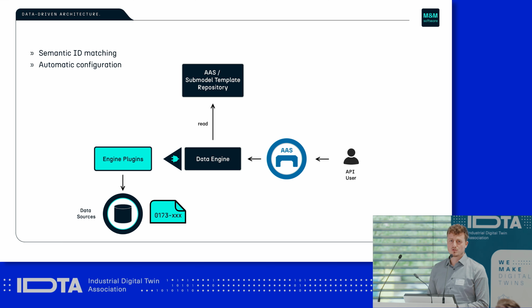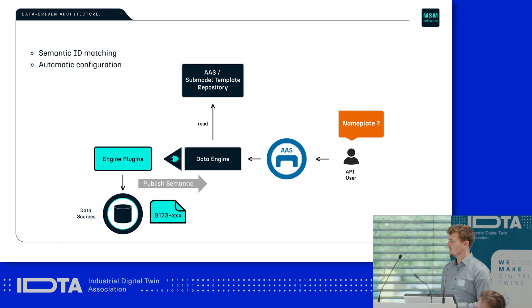I think everybody here should have already heard about semantic IDs. That's a pretty big thing in the AAS context. So we came up with the idea to publish the semantic IDs that a plugin, and therefore the data source connector, can provide at the beginning. And this is just a one-time thing.